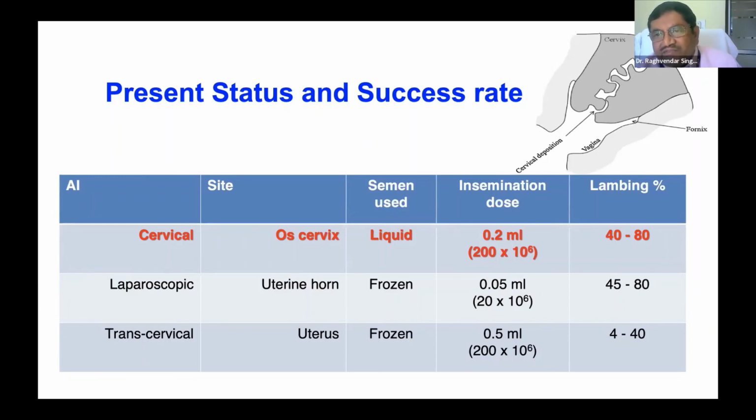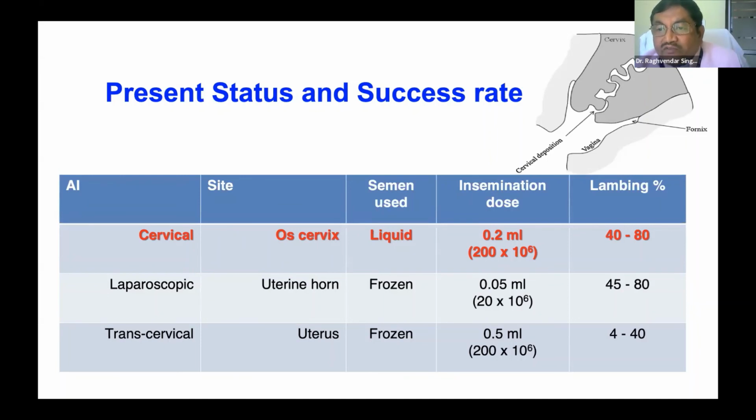There are 5-6 septums, and that is why artificial insemination is a little more tedious and difficult. That is why artificial insemination with frozen semen in sheep is not possible till today, not in our country, but the whole world is working on this area. We are still lacking somewhere, but liquid semen is very good, we have been doing it for many years, and it is successful, with more than 40, 50 to 80% lambing.